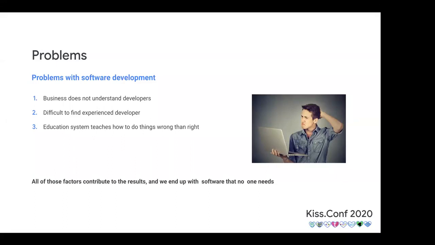And that at the end contributes to the failure of the application, and it can also cause the failure of the business itself. Most of the time, the developers find it difficult to convince the business people how to do things right and what the right approach is.